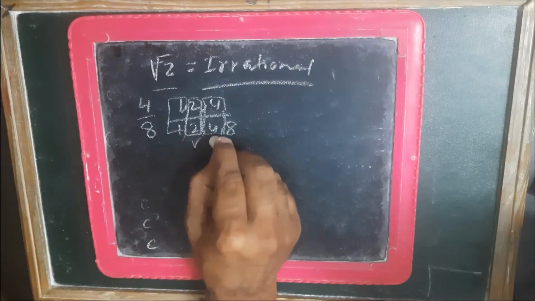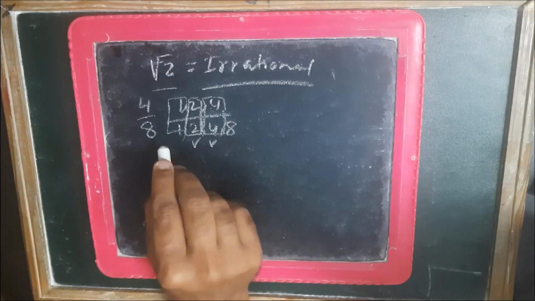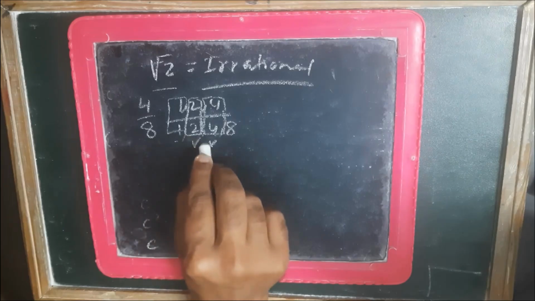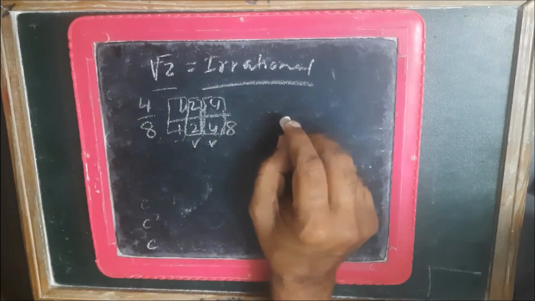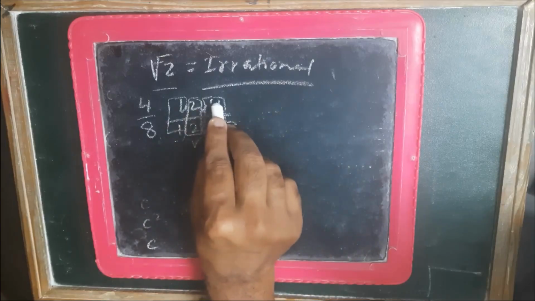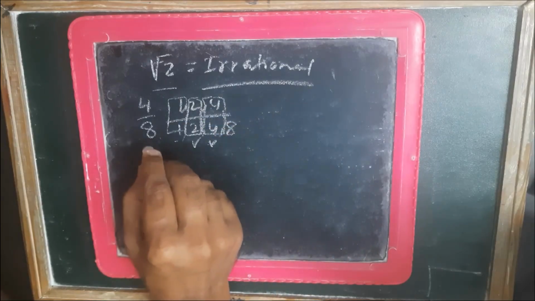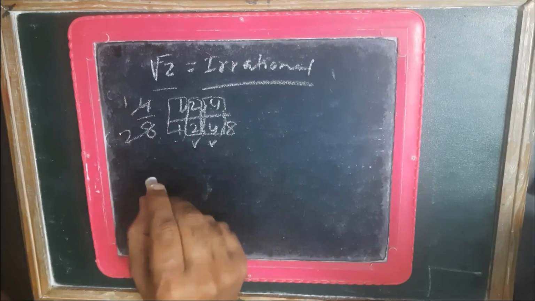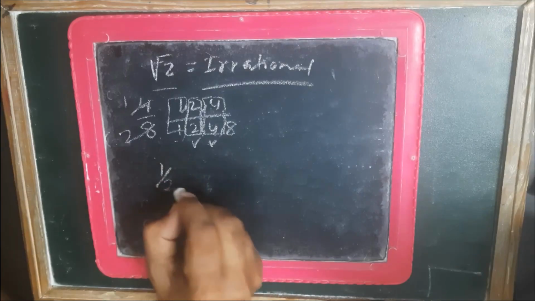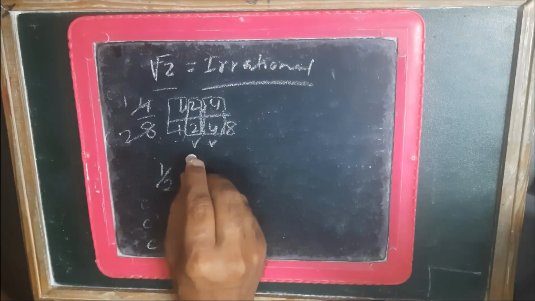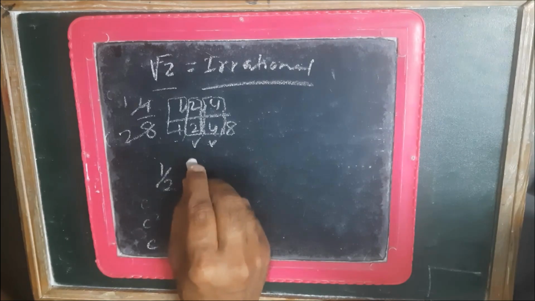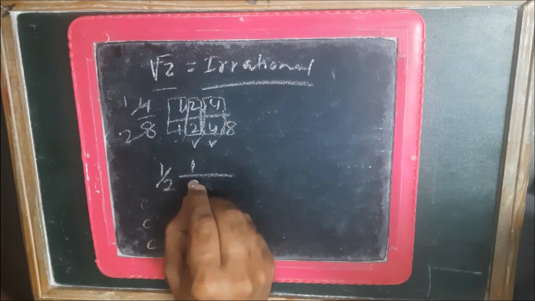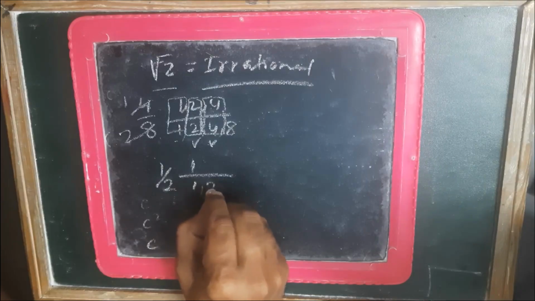So we can say that other than 1, we have common factors for 4 and 8. That means we can divide by 4. So 4 ones are 4, 4 twos are 8. That means now 1 by 2. For 1 the factor is 1. For 2 the factors are 1 and 2.